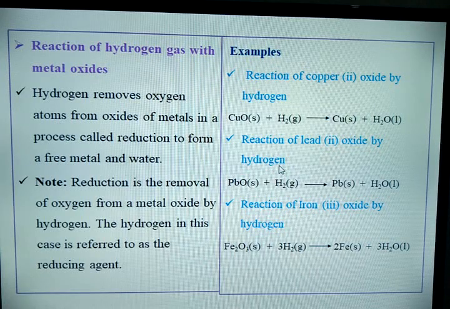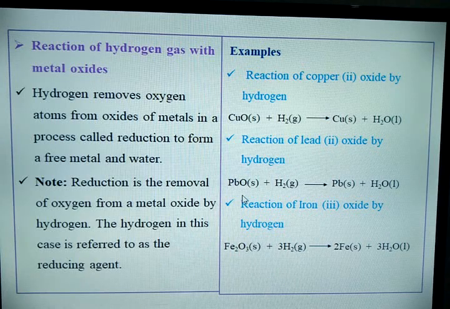If I'm to write an observation for the second equation here, lead oxide, the condition here is heat. Lead oxide is reddish brown when hot. Lead metal is gray, and water is a colorless condensate because it's going to be given off in form of water vapor.